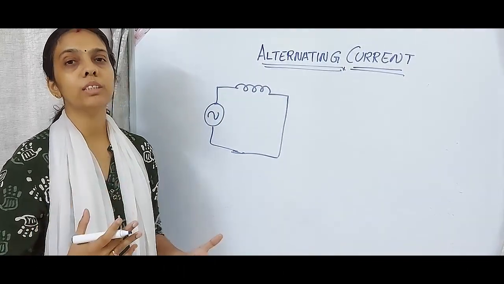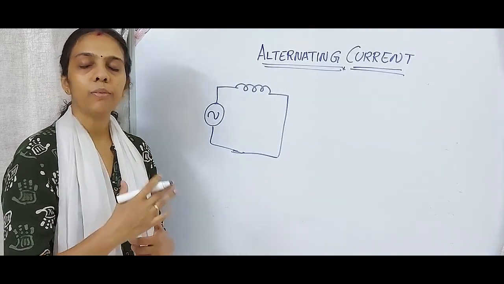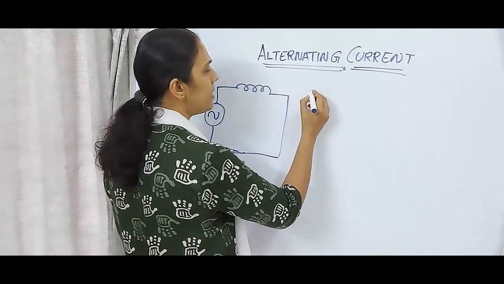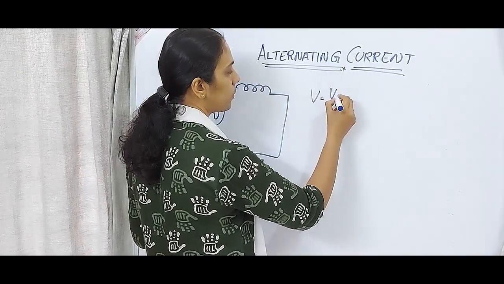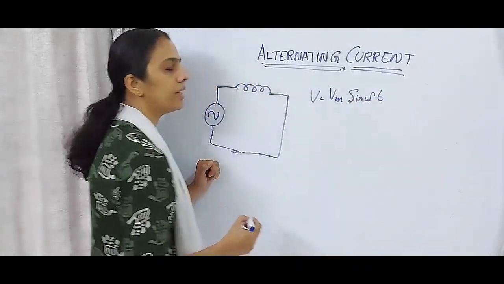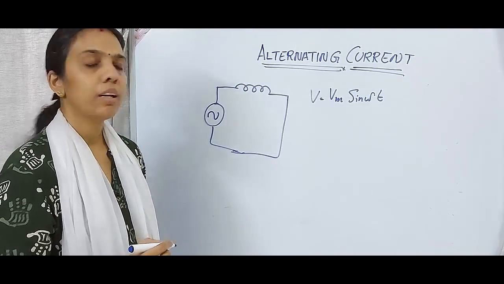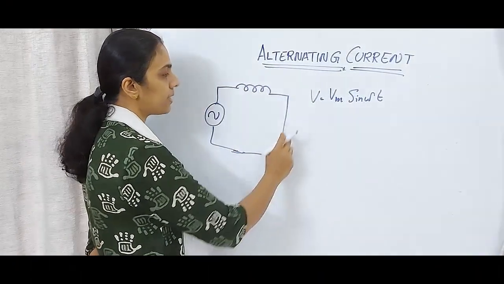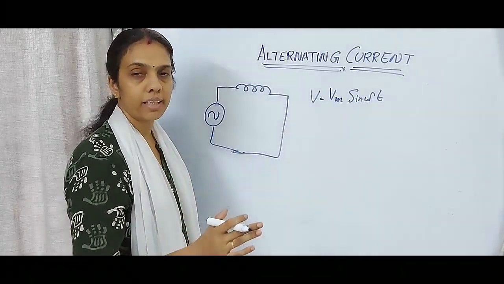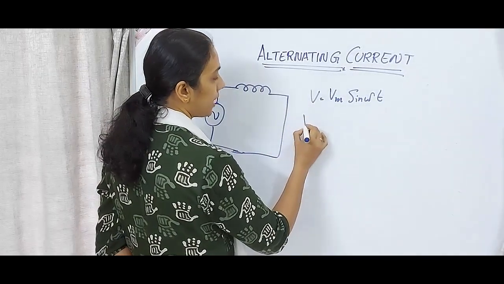What will be the change happening for the voltage and current when AC voltage is passing through an inductor? AC voltage, we know, is V equals Vm sin omega t. Here we are going to find out the current passing through the circuit. Now, if I consider this whole closed loop and apply Kirchhoff's voltage rule, how can we write V?